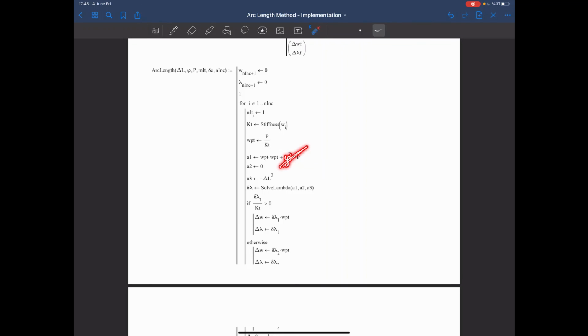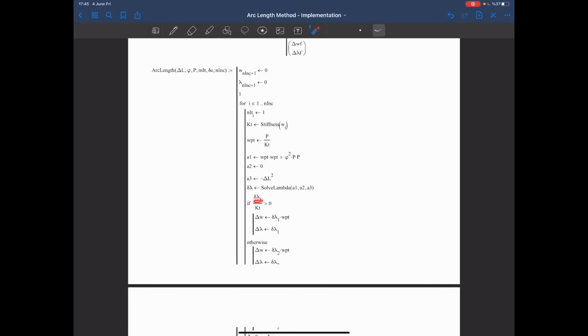We just ignore this, and the solution will be simply delta L over WPT. But here I also added these terms. So I calculate A1, A2, A3 and solve for lambda. And then I'm checking the sign for lambda.